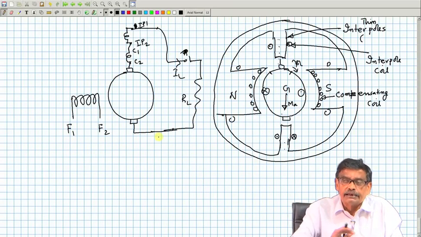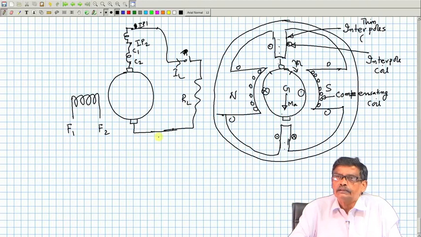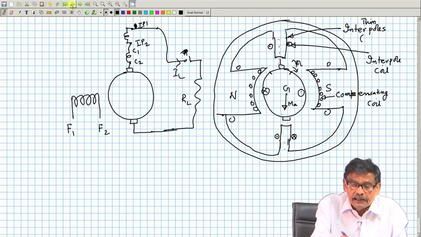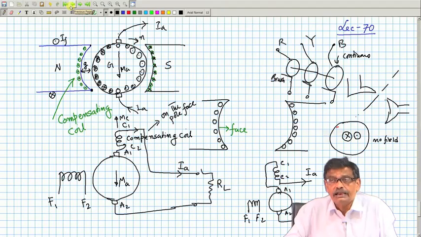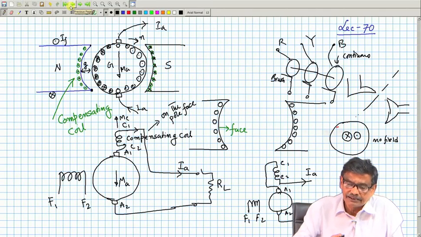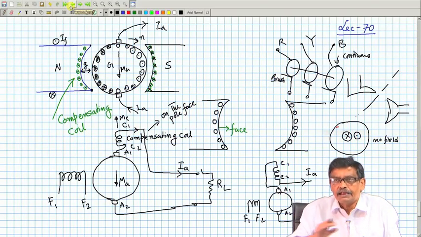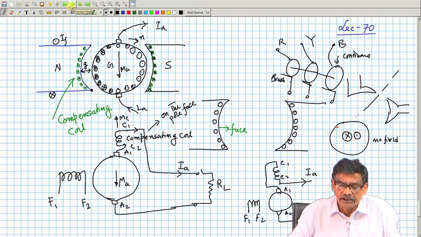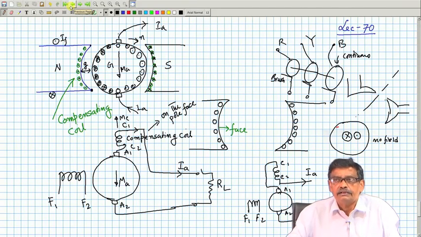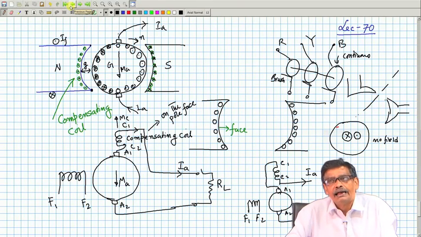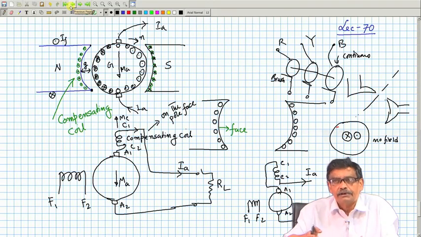These two coils are to be connected in order to avoid the armature reaction effect. That is what we have discussed today, and in our following lectures I will in fact sketch this armature MMF in space, how it looks like, field flux in space, superimpose them, and whatever I have got here will be also obtained there.